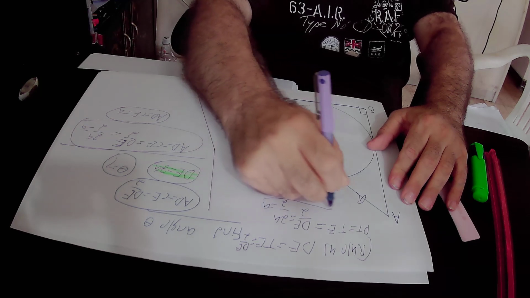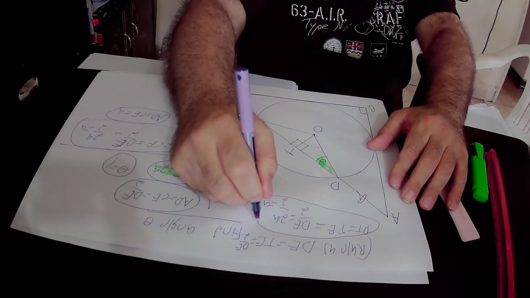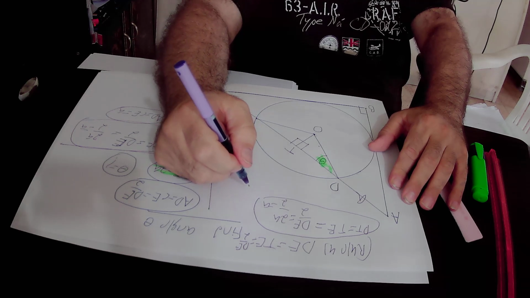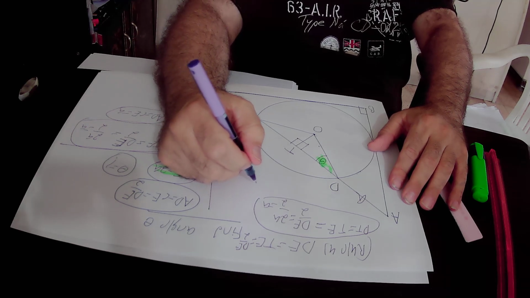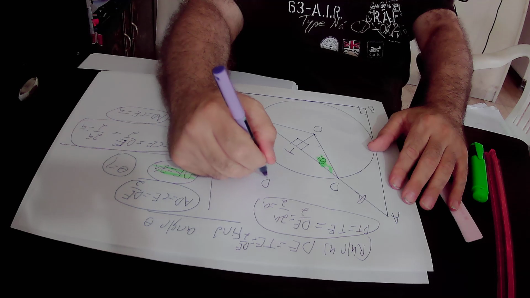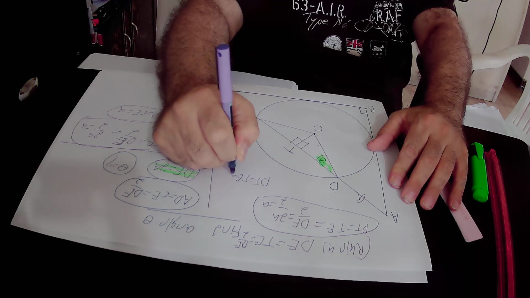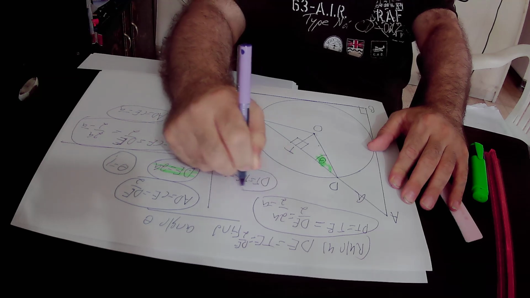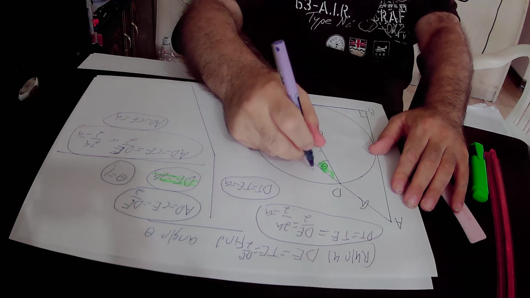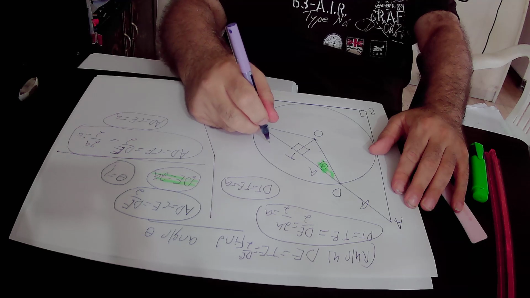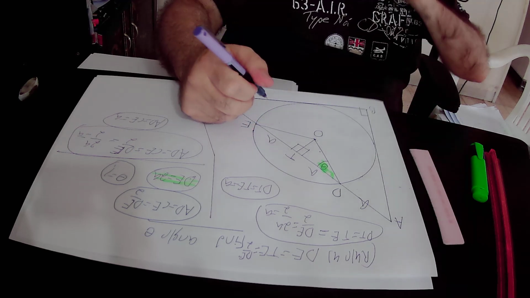So from this long equation, DT equals TE equals DE over 2 equals 2a over 2 equals a, we will derive that DT equals TE equals a. That is to say, DT equals a, and TE also equals a. Okay?